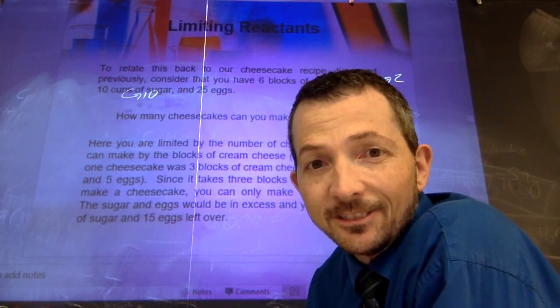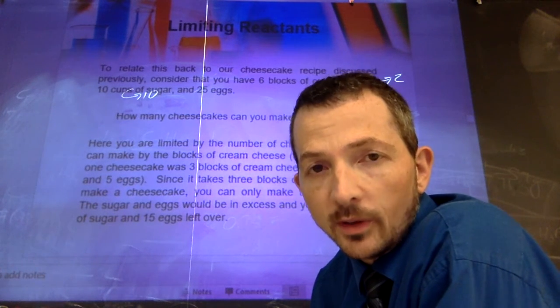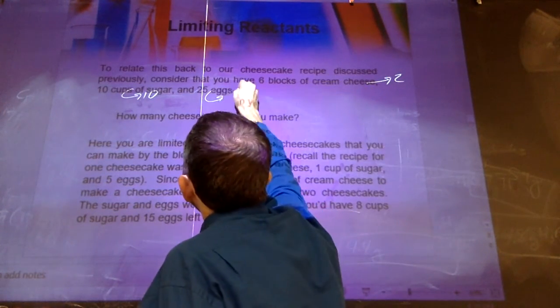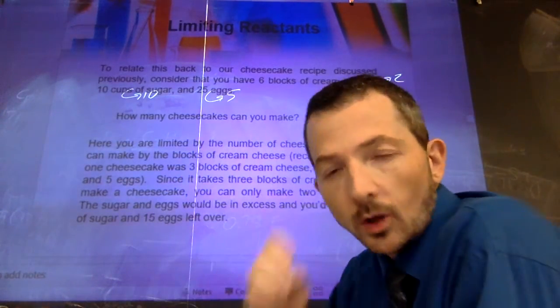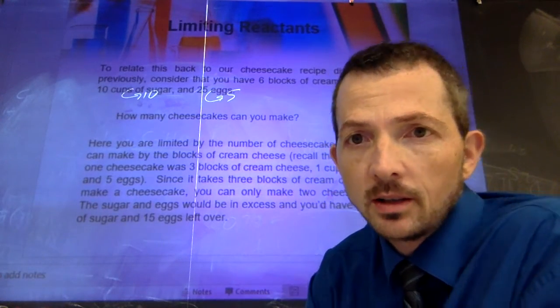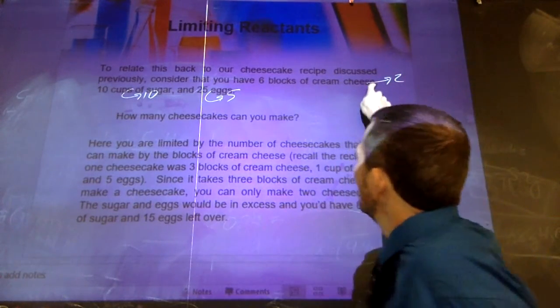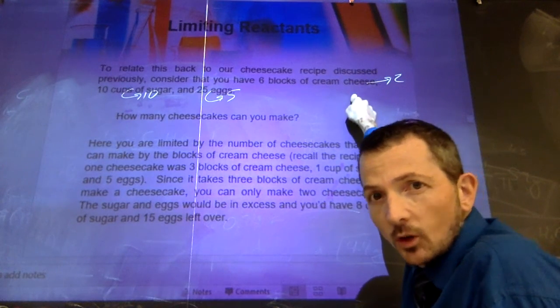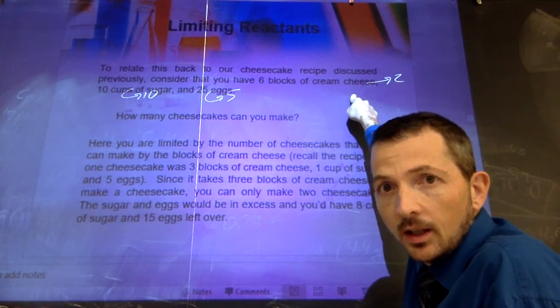For 25 eggs, I know it takes 5 eggs to make 1, so 25 divided by 5, I can make 5 cheesecakes. Which one produces the least amount? That would be the blocks of cream cheese. So I'm limited by how much cream cheese I have. So cream cheese is my limiting reactant.